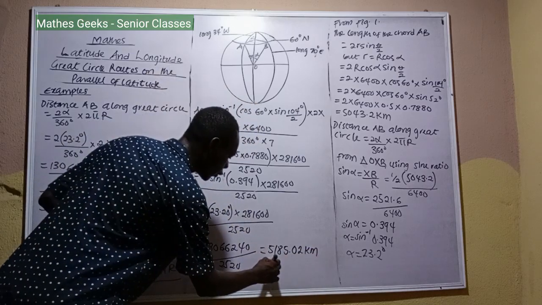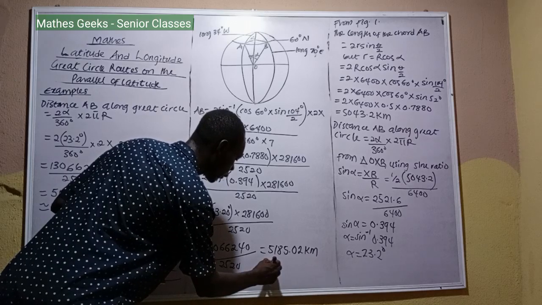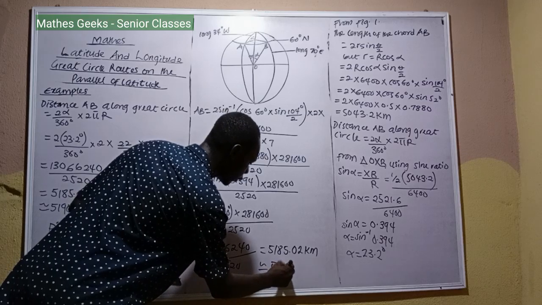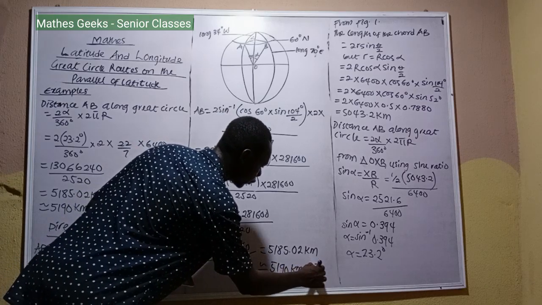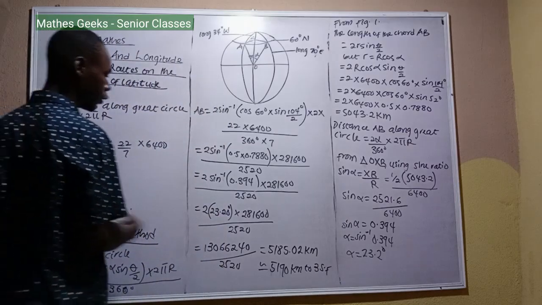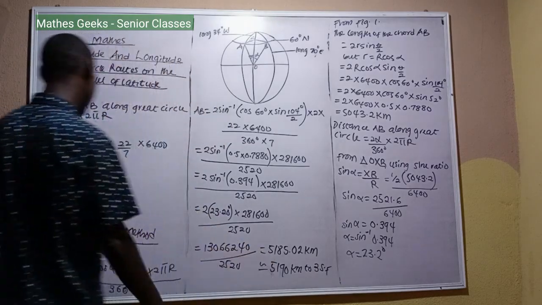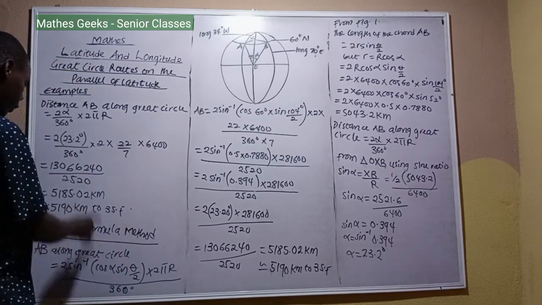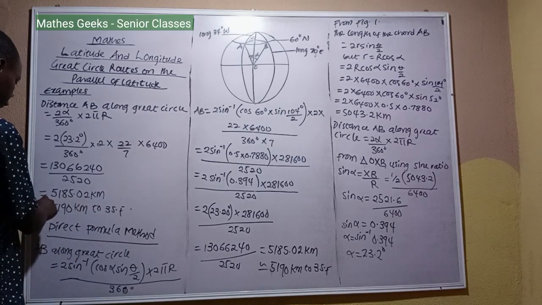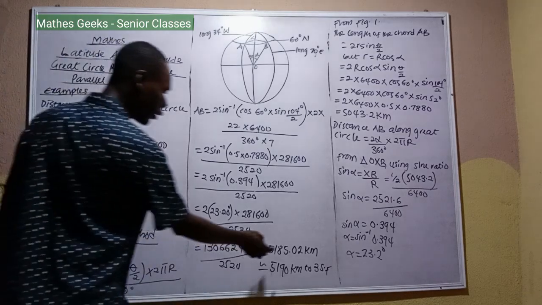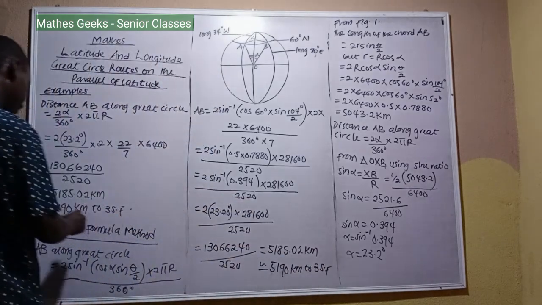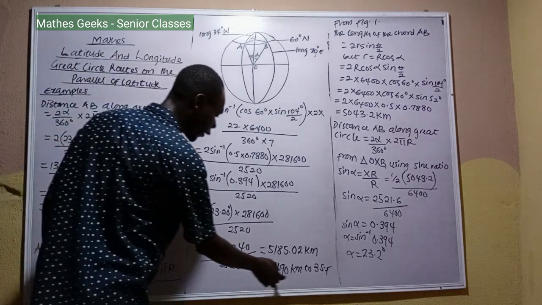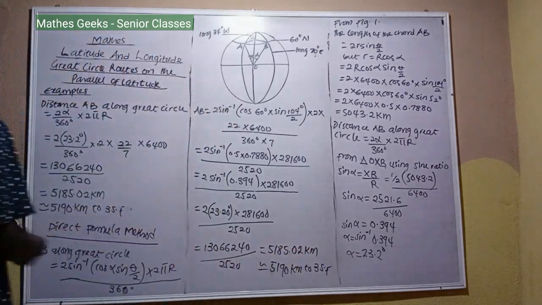So to 3 significant figures: 5190 kilometers. This is the answer when we use the direct formula method, and this is the answer when we use the split method. So compare the two answers: 5185.02 kilometers and 5,190 kilometers to 3 SF. So the answers are the same.